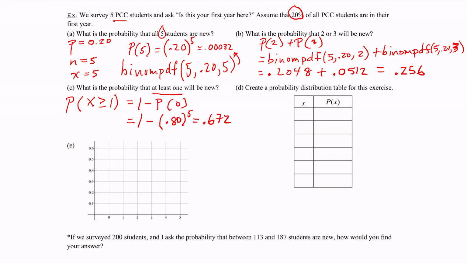Now let's fill in our probability distribution, and we've got a couple of these already. Notice that in part A, we found the probability of 5 successes, which was 0.00032. In part B, we found the probability of 2 and 3, so we can use those two results.